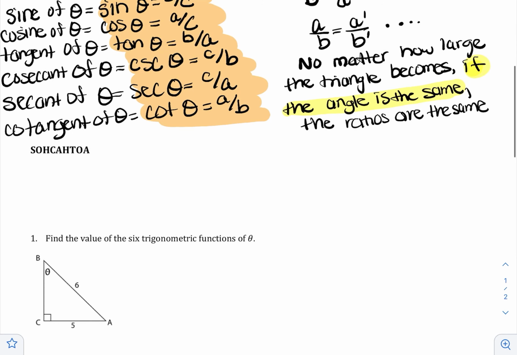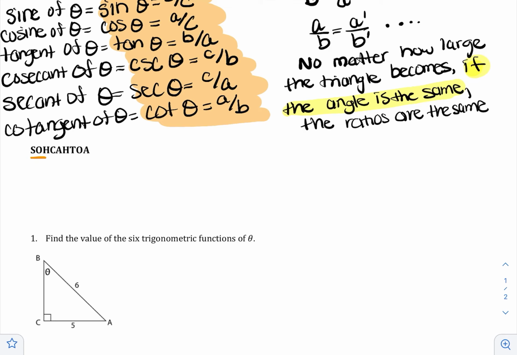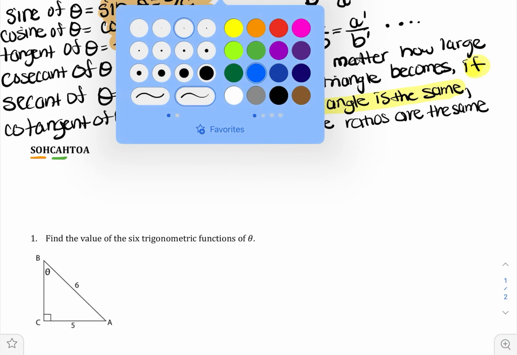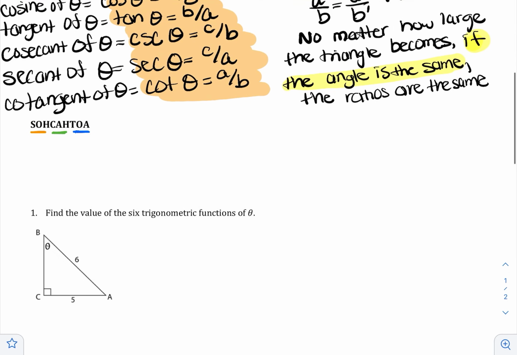So there is a little acronym to help you. Remember, it's called SOHCAHTOA. So the key here is, I'm going to underline it in different colors. So we can use orange, the SOHCAHTOA. So if we look at the triangle again, let me draw it one more time. We're going to be drawing a lot of triangles in this class. Oh, it's not perfect. Here we go.